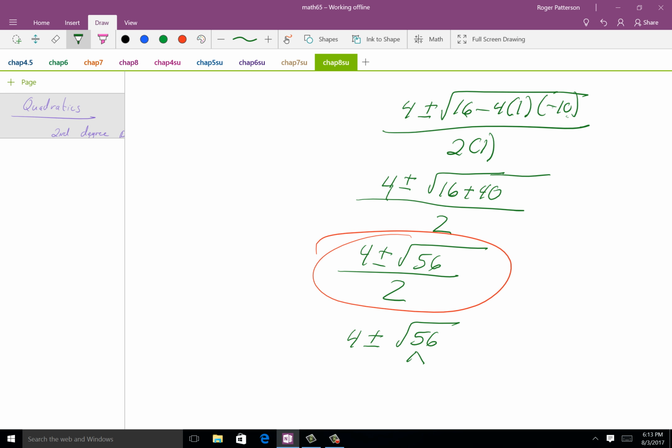So let's see. We need a perfect square that goes into 56. I think 4 goes in there. Four goes in there how many times? 14? Yeah.